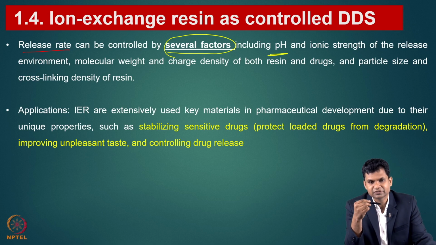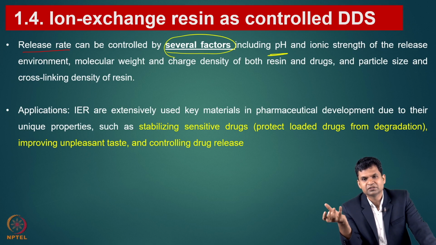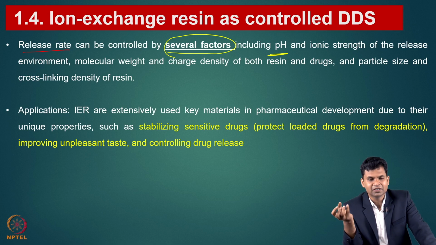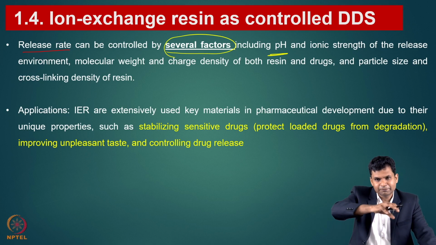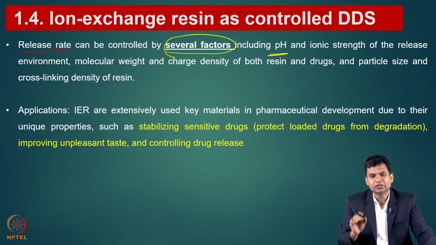After administration, the pH is very important because that is a critical factor. There you will see the exchange of ions from the physiological medium or environment that will come and replace the drug from the ion exchange resin. So, the pH condition is very important.